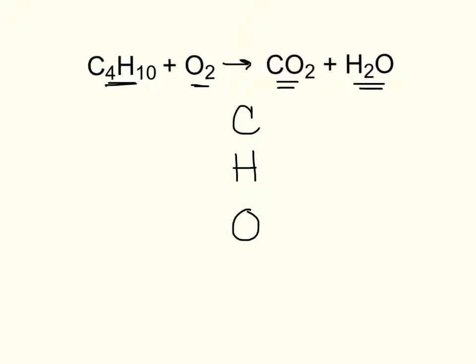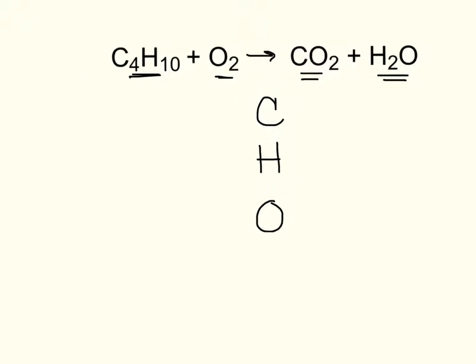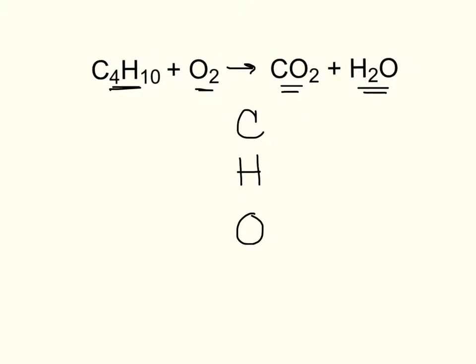Now, here's the first thing I want you to notice. In a combustion reaction, you actually end up with oxygen in 2 places on the right. So if we go over to the right side, you see that oxygen is here with the CO2, the carbon dioxide, and we also have oxygen with the water.